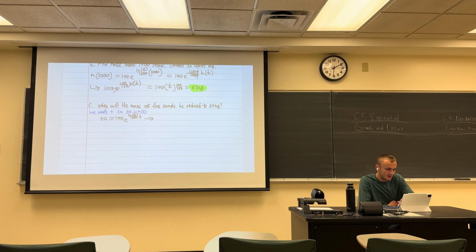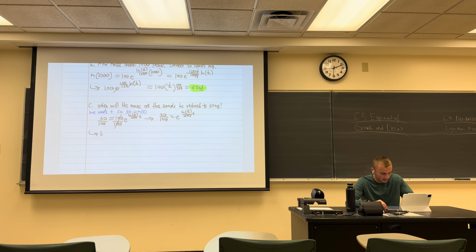And now we can rewrite that as 30 over 100. We're just dividing out the 100 here, equals e to the ln of 1/2 over 1590 times t. So now we just have to take ln of both sides to cancel out the e.